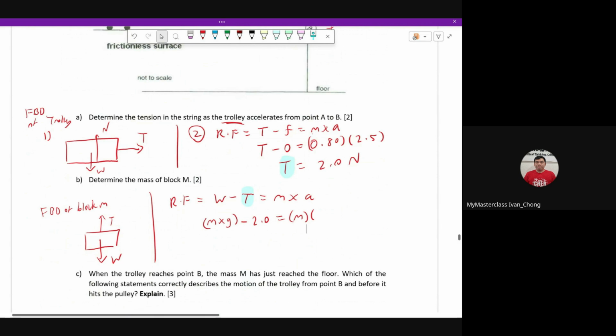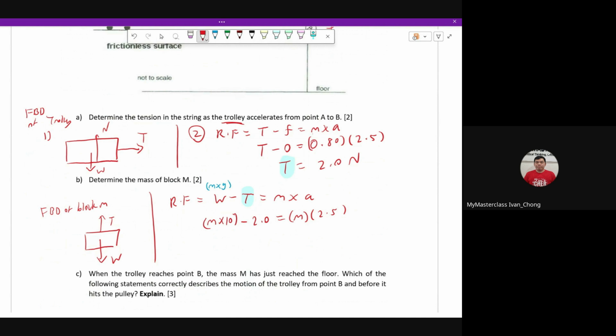So this is also going to be 2.5. Now, what is g? They actually tell us that this value, g, is 10. So for those who have trouble, take note now. This is W equals m times g, for those who are wondering.